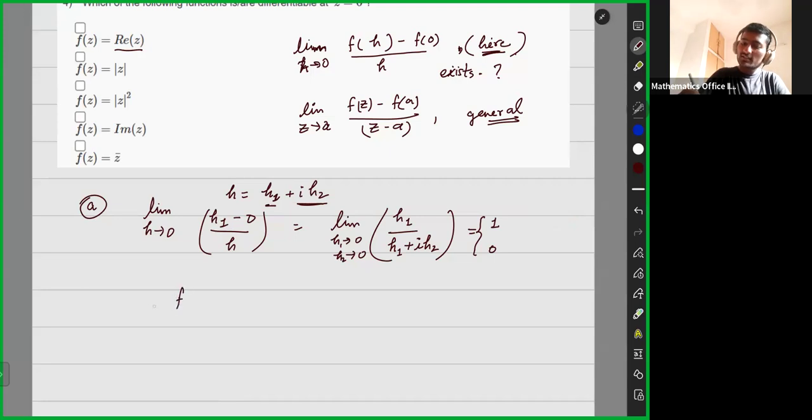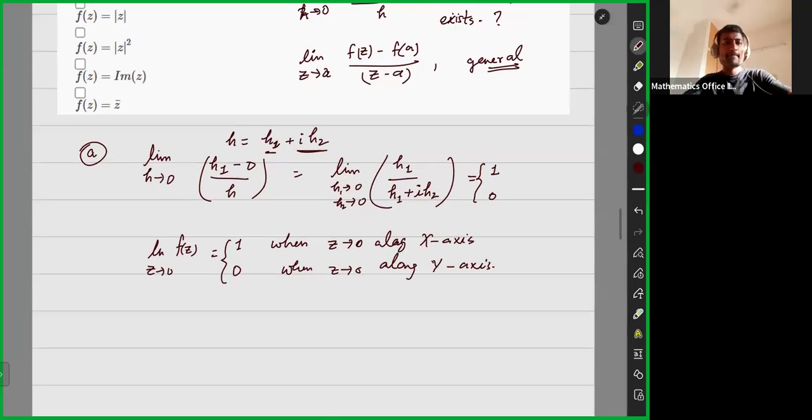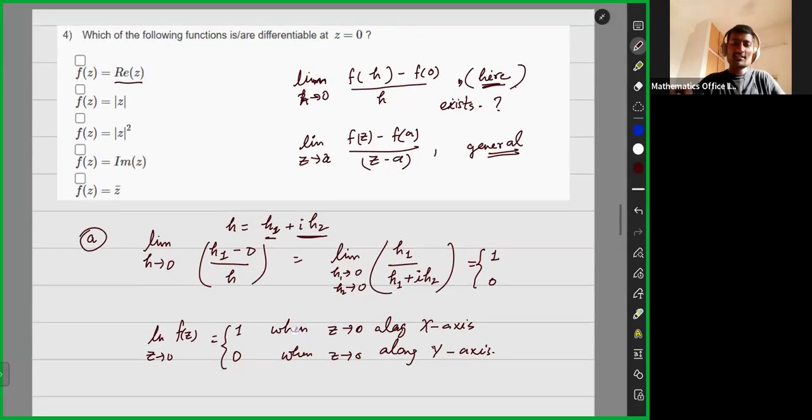The limit of f(z) as z tends to 0 is equal to 1 when z tends to 0 along the x-axis or along real numbers, and 0 when z tends to 0 along the y-axis. Is this clear? Yeah. Okay, so the limit doesn't exist. If it existed, it should have been unique. So it is not differentiable.